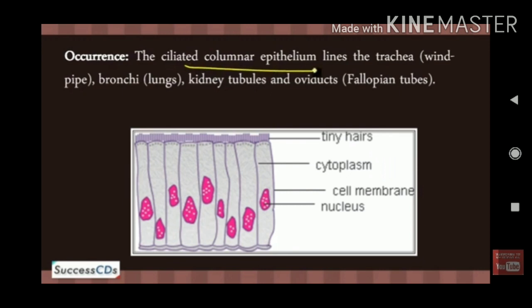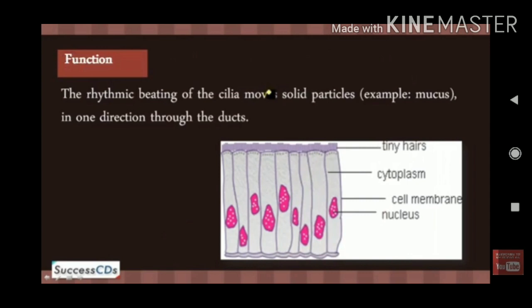This cilia helps facilitate movement. It is located in the respiratory tract, the urinary bladder, as well as the fallopian tube. In the respiratory tract, it helps move the mucus; it pushes the mucus out of the respiratory tract.